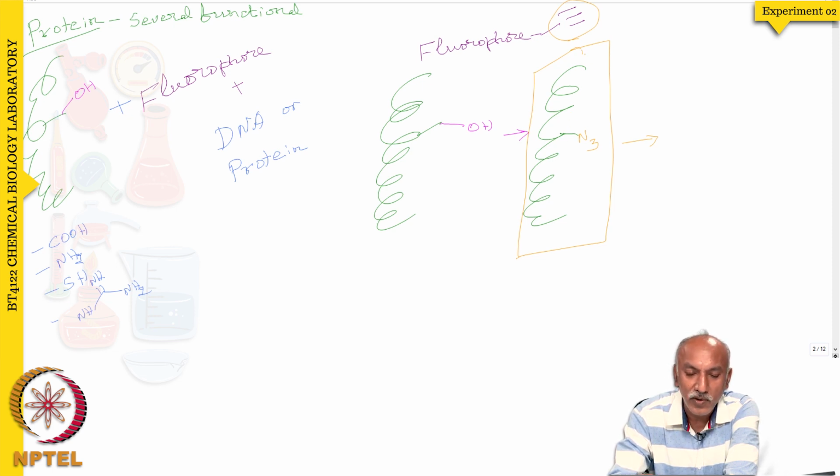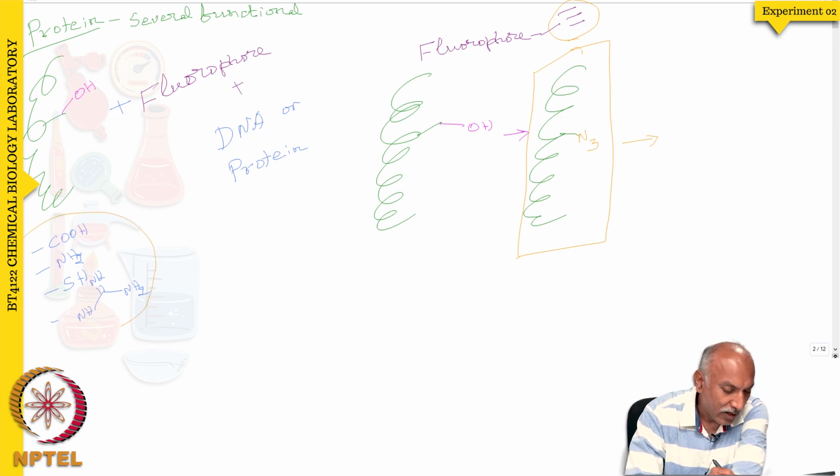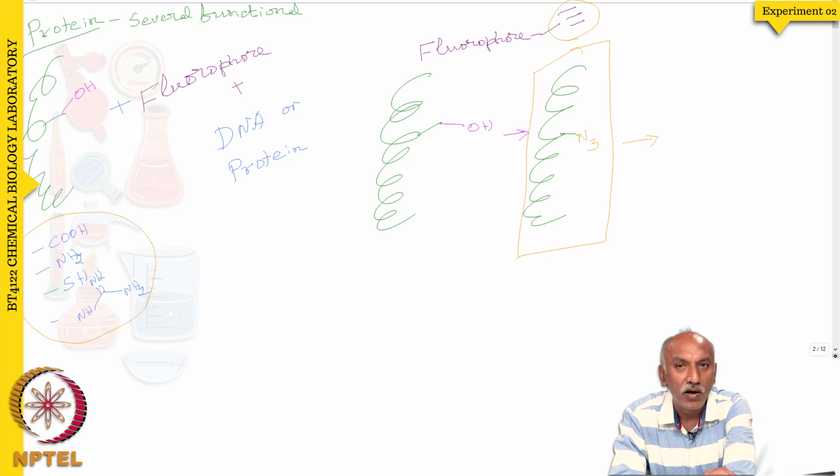That is why we call it bioorthogonality. No other functional group like acid, amine, thiol, or guanidinium group will interfere in the reaction between the azide and the alkyne. So, that is the beauty of click chemistry.